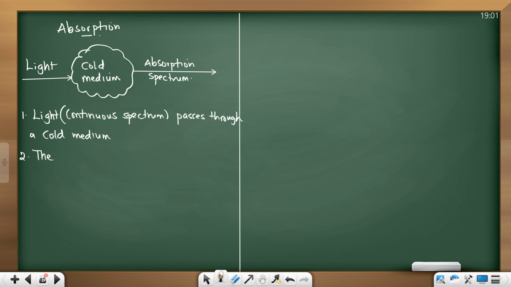The electrons in the cold medium absorb photons of certain frequency.